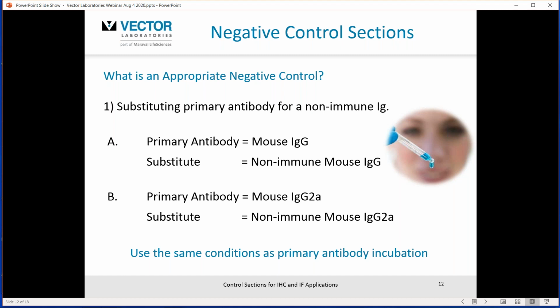That'll eliminate all of the IgG1, 2B, etc., and give you more of a defined negative control, and should hopefully clean up that trace background or toning that you might see with the example I used there in point A. Again, though, with this substitute of the non-immune mouse IgG2A, you'd use it at the same concentrations as the primary antibody and under the same conditions, as in temperature, time on the tissue, etc.